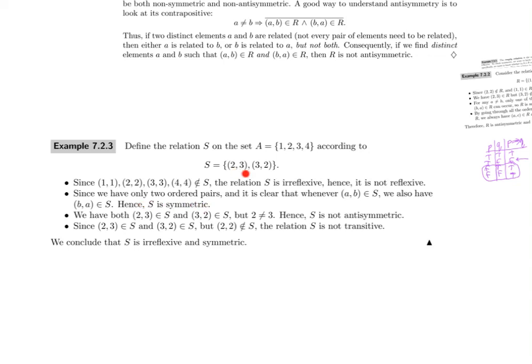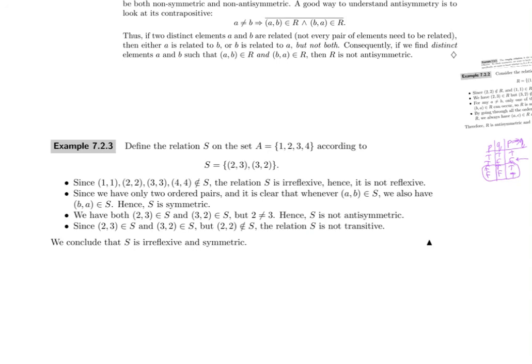We have (2, 3) in the relation, and we have (3, 2) in the relation. So the premise of the if-then statement that gives the definition of antisymmetric is true. The premise is true, but the conclusion, 2 equals 3, is not true. So because of that, S is not antisymmetric.